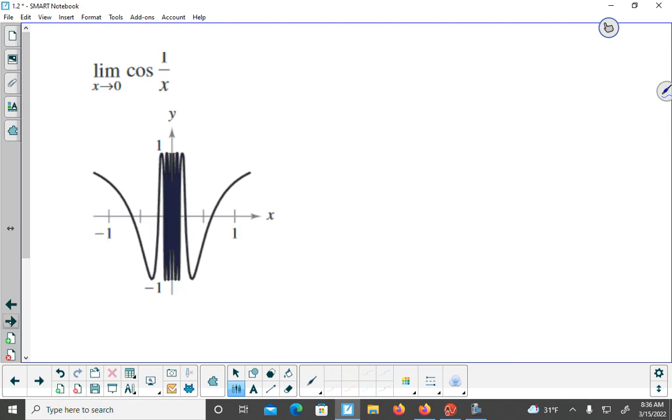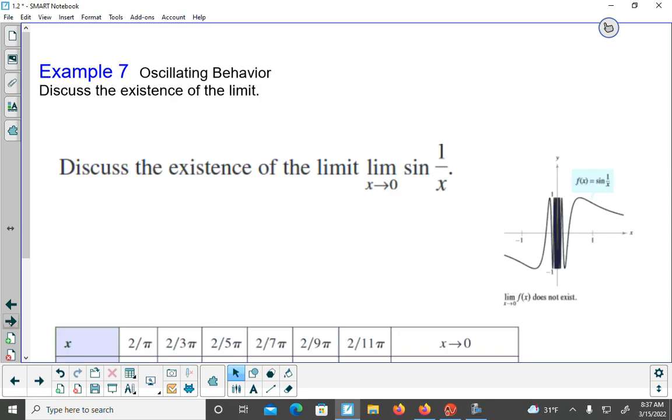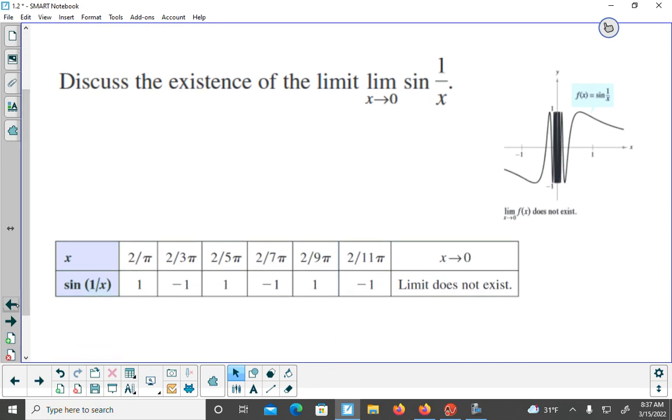Another type of example that does not exist is called oscillating behavior. So this is where you approach a number and you just keep on ping-ponging back and forth, back and forth. So if I were to look at this, I think I did this one when I did 1 over sine of x. When I do this, I go 1, -1, 1, -1.